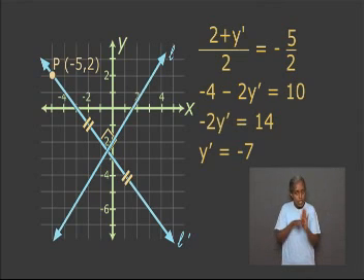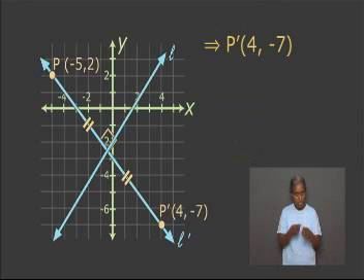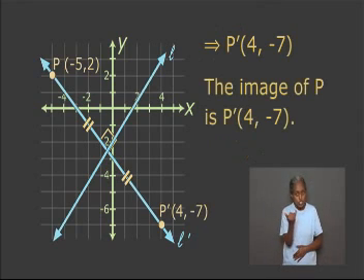Therefore, -2y prime equals 14 and y prime equals -7. We have calculated our answer. The image P prime is at 4, -7.